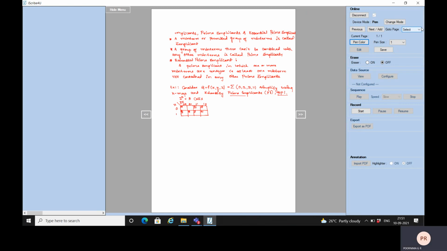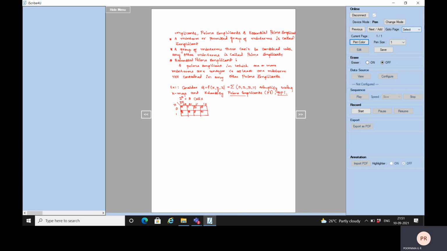Now, after constructing the K-map, in the next step we have to substitute the cell values.